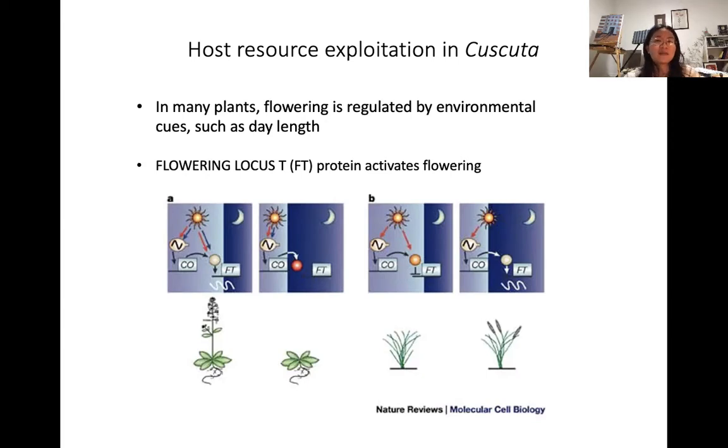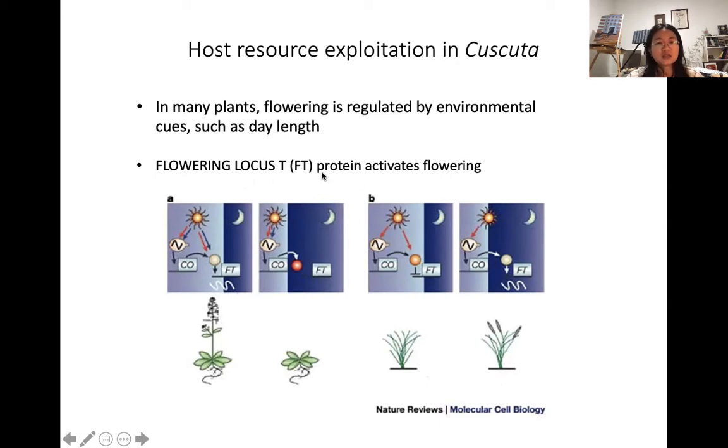And so as a result, first of all, the flowering locus T, which is FT for short, is one of the important proteins that has been identified by scientists to activate flowering in many systems, such as the Arabidopsis, and then in some monocots as well.